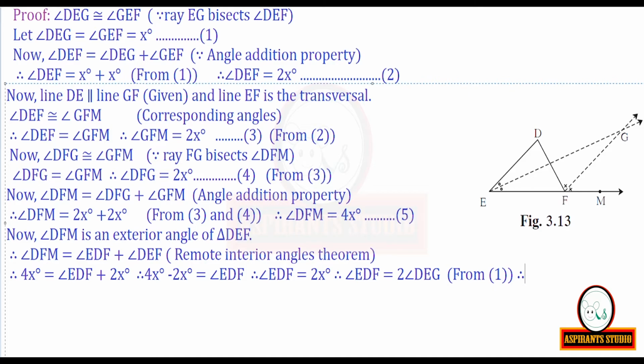So we'll get half into measure of angle EDF is equal to measure of angle DEG. So measure of angle DEG is equal to half into measure of angle EDF. So we have proved the first part. Two parts are there to be proved.